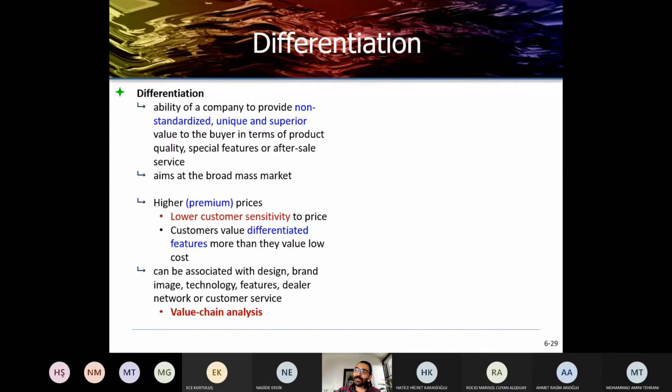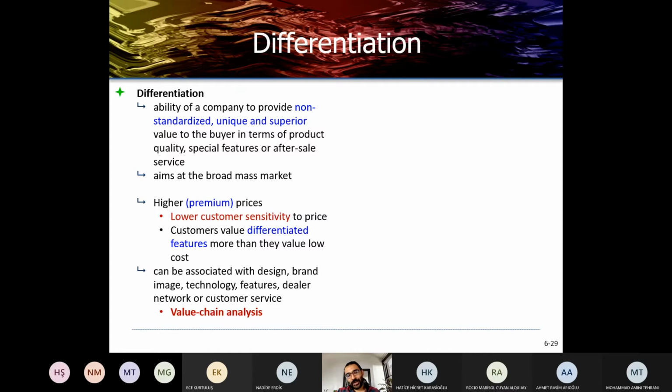I mean, some products managed to create a perception in their customers' eyes. Okay, they provide a lifestyle. They give a style to the consumers. When they use that product, they can show their personality, show their lifestyle, show their thinking.